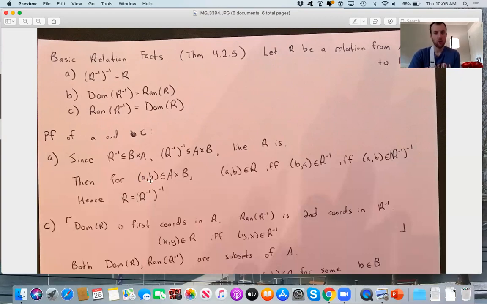So for any ordered pair, a, b from capital A times B, if it is in the relation R, by the definition of inverse, that means that the flipped ordered pair is in R inverse. So that's just what the inverse means.